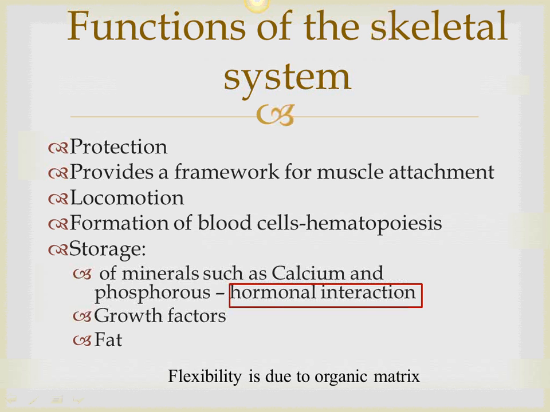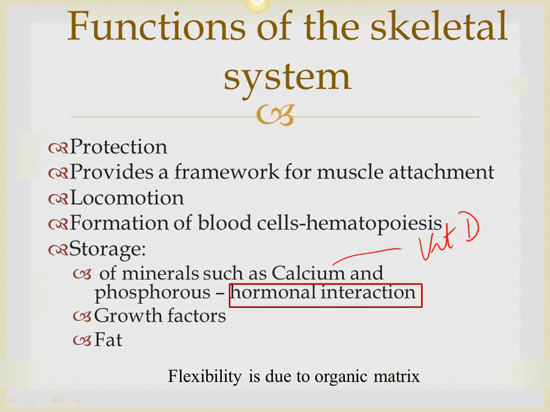Also remember, vitamin D is very important for calcium absorption. We did the integumentary system, so we talked about that. The bone also produces some growth factors which help growth in the tissues.